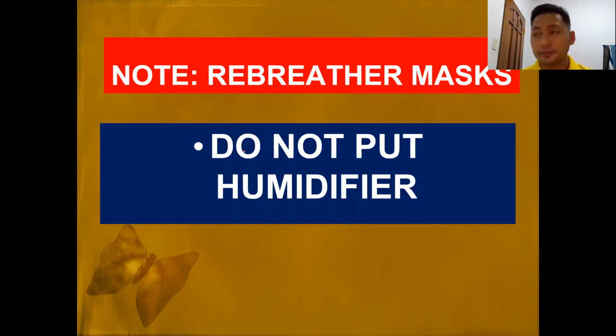When you set it at such a high level, notice the bubbling in the humidifier; it would cause an increase in bubbling, causing a leak to either the reservoir bag or the tubing. And remember, when there is moisture in the reservoir bag, or even if the mist goes to the tube, it would decrease the FiO2 being administered to the patient.